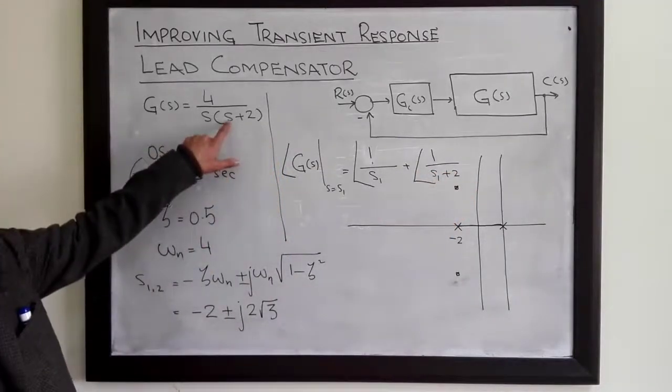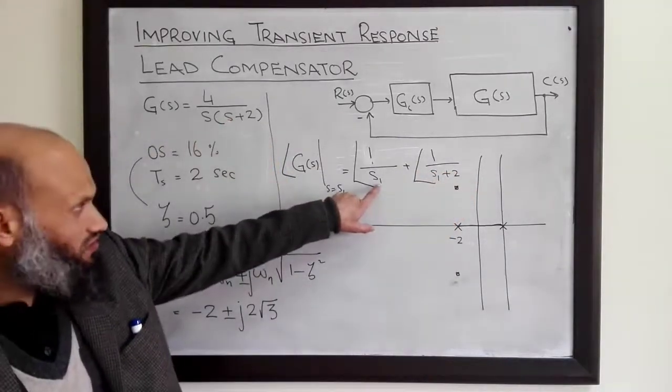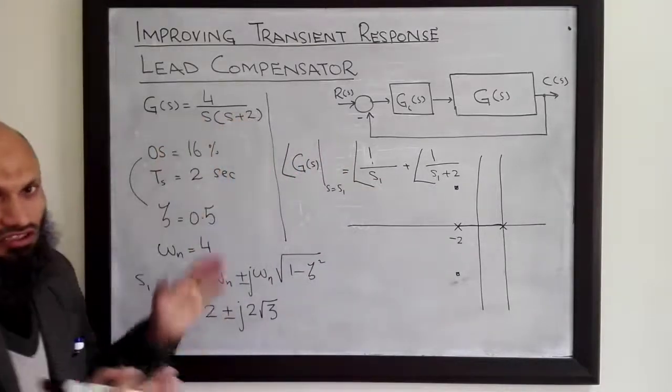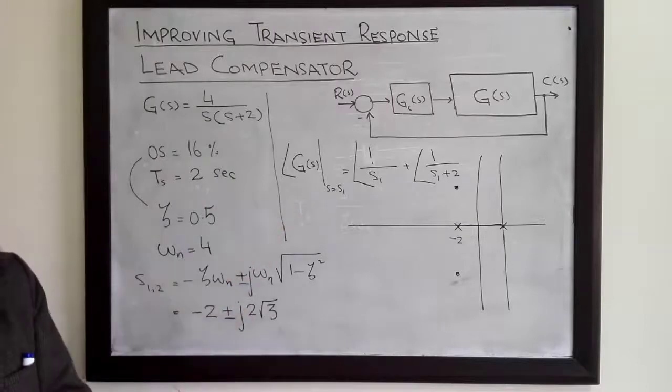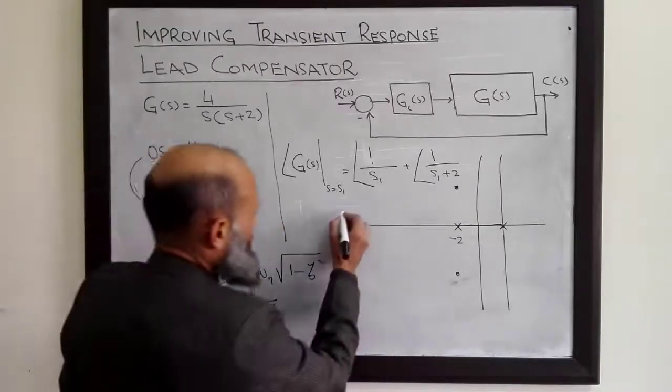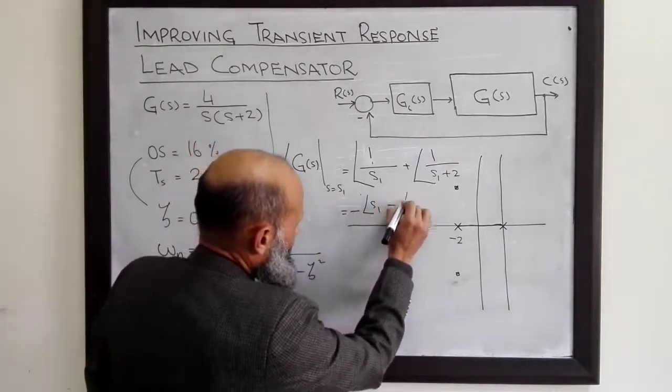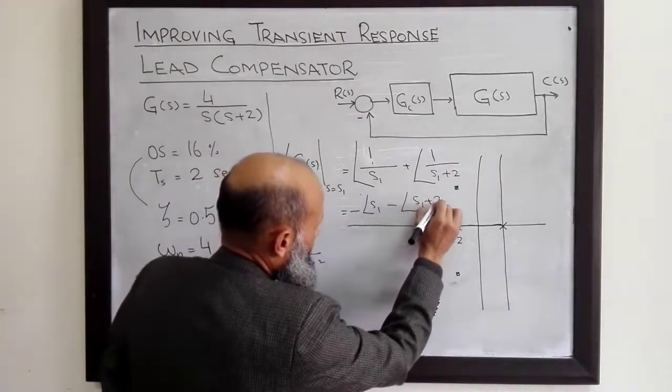Instead of s, we have simply substituted s1, and since these two terms are being multiplied, their angles are added. That is, angle of 1 over s1 minus angle of s1 plus 2.